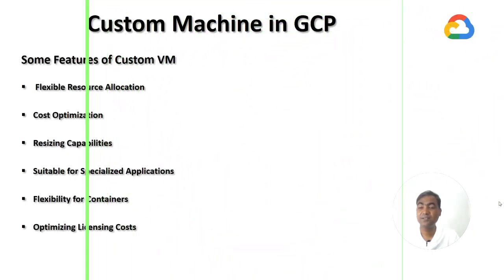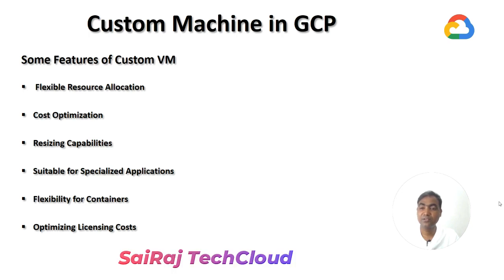Guys, as you can see here, some of the benefits of custom VMs in Google Cloud Platform are flexible resource allocation, cost optimization, resizing capabilities, suitability for specialized applications, flexibility for containers, optimizing licensing cost, and more.